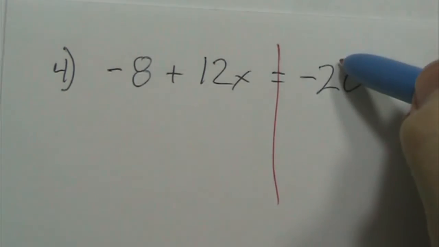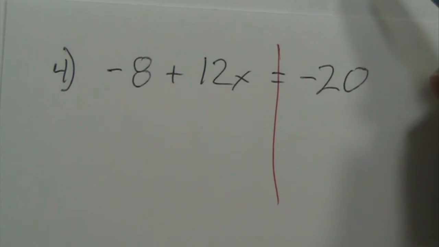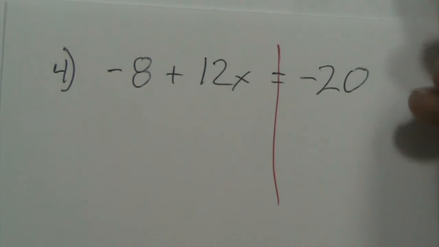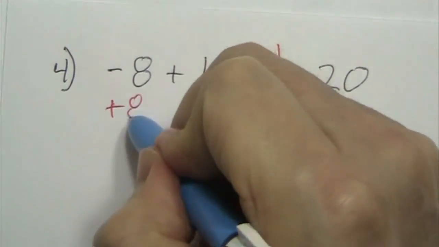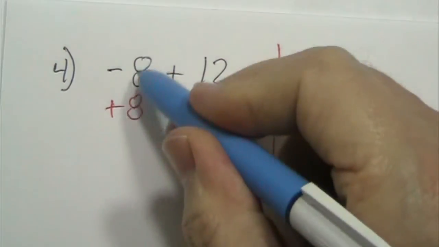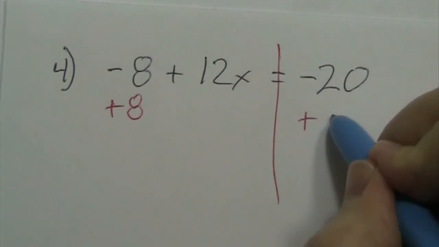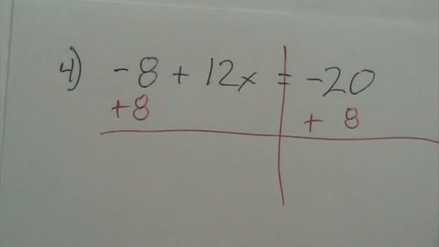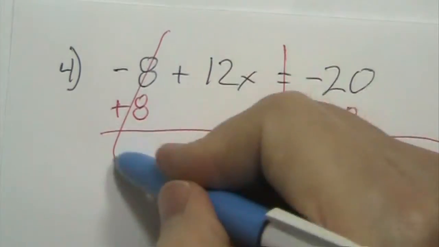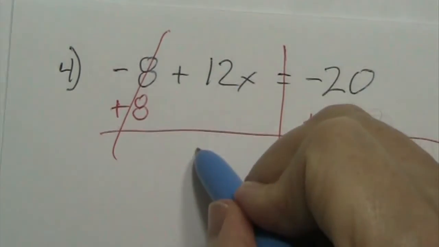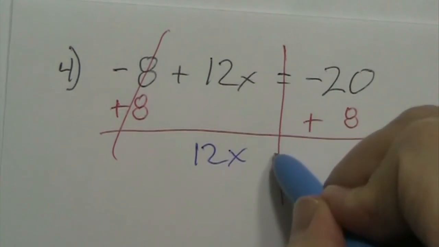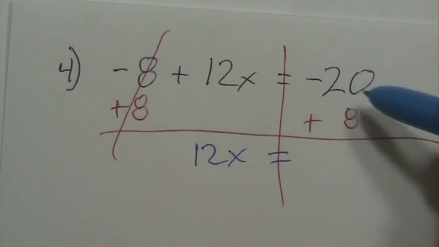Okay, you have a left and a right side. First step, get rid of the constant. That's -8, so I would add 8. To make that 0, I'd have to add 8. That's gone. Bring down this, that's 12x equals -20 and 8.